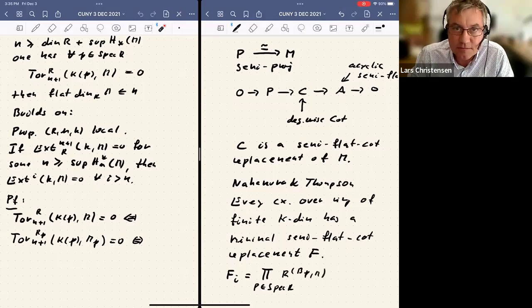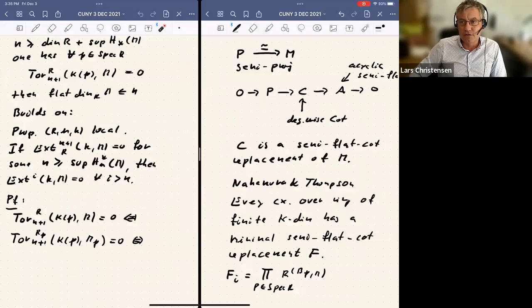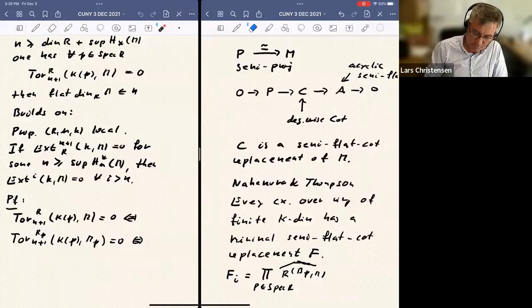These index sets are sometimes called the dual Bass numbers. They occur in some of Enochs' work and certainly in his student Xu's book on flat covers. They're just index sets, and then you have to complete this whole thing here over RP. So that's what they look like.